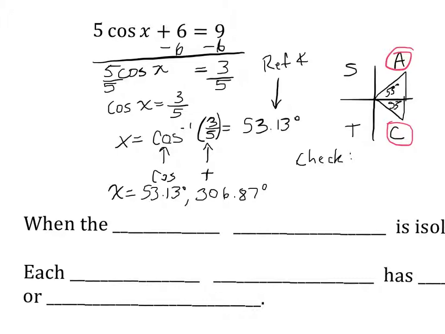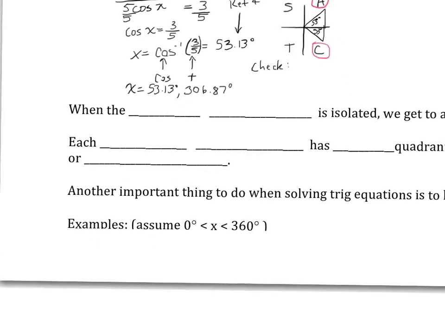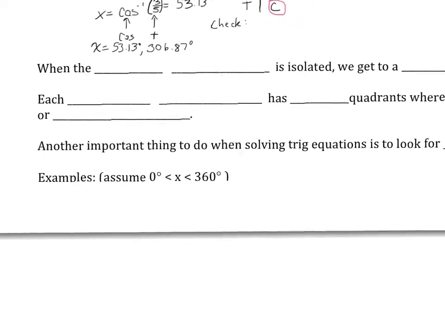We can do the same thing with 53.13. We can take the cosine of it, multiply by 5, add 6, and still get 9. So make sure that you run these answers through your original equation to check them out before you just believe them, so you can make sure that you actually get the answers in the correct quadrant.